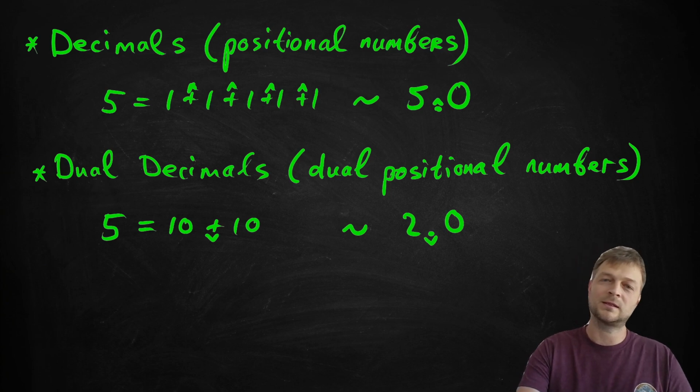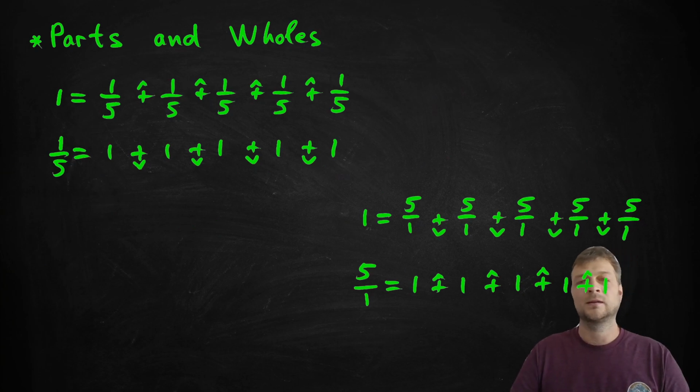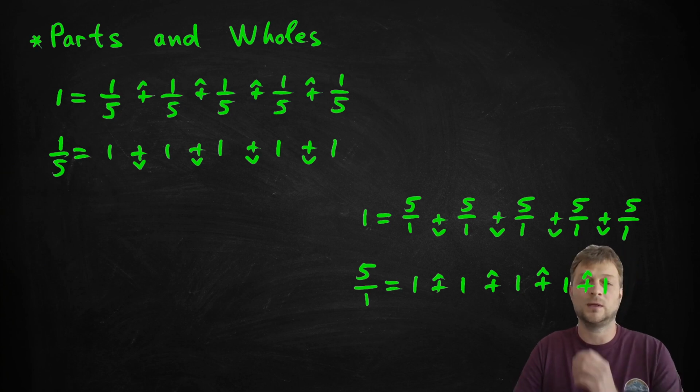So to focus on this key moment, let's consider these 4 equations, and we'll focus on the relations between parts and wholes here, or in other words, between integers and fractions. Let's start from the first equation.